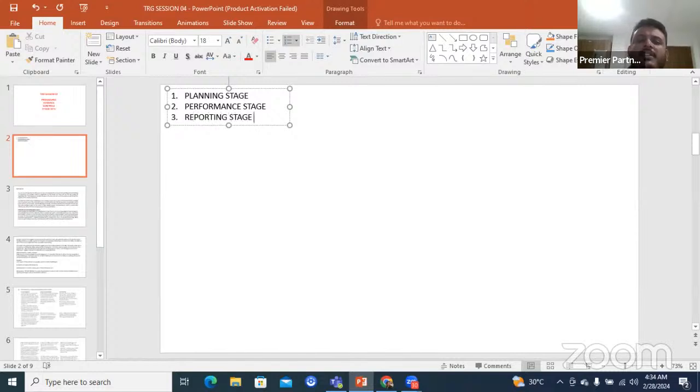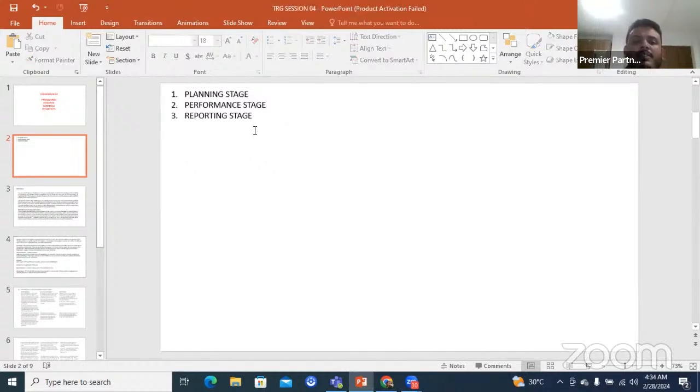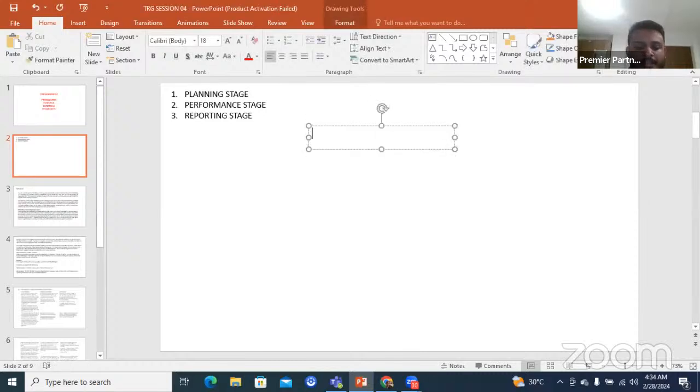These are the 3 stages of audit. And if I take this performance stage, I'll take that portion separately. Performance stage of external audit.